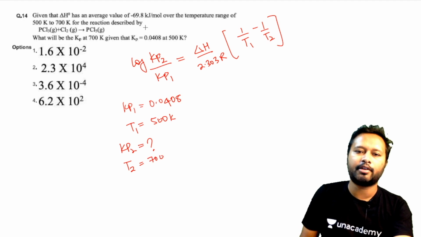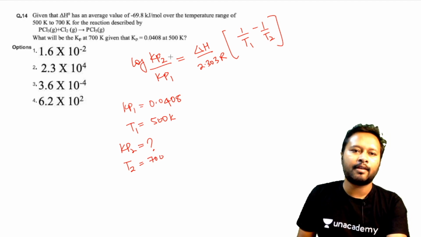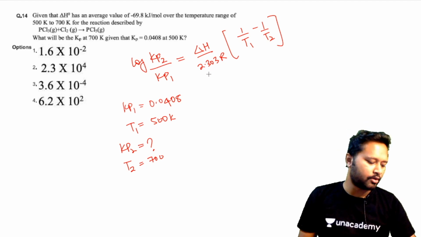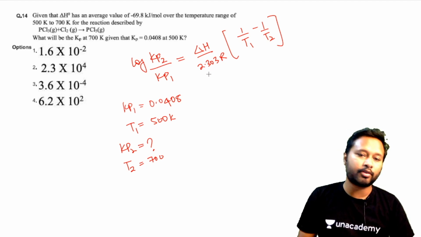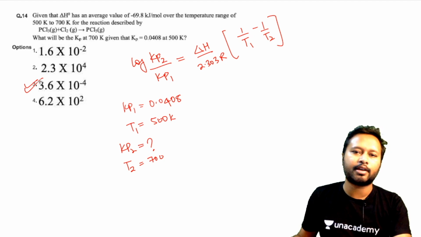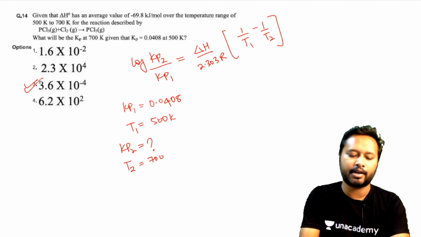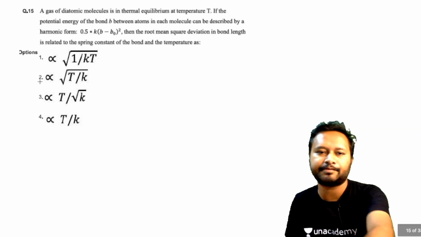Delta H is already given to you, convert this into joules and then put it in, and R you have to put as 8.314. On solving all these things, you are going to get option number 3 as the correct option. All right, so this is how this question needs to be done. Let's go to the next one then.